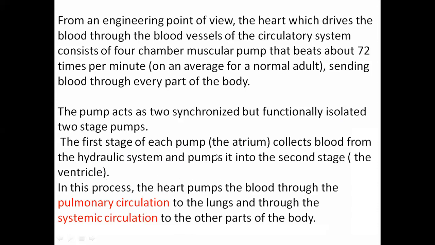Here we have two types of circulation: pulmonary circulation and systemic circulation. Pulmonary circulation is used for sending blood from the heart to the lungs and from the lungs to the heart.